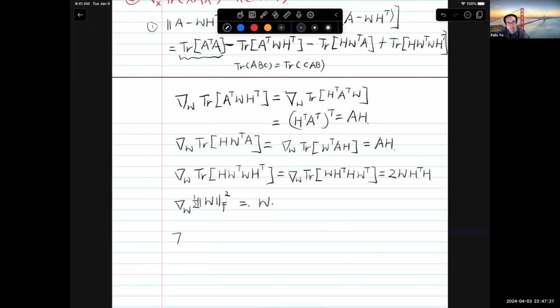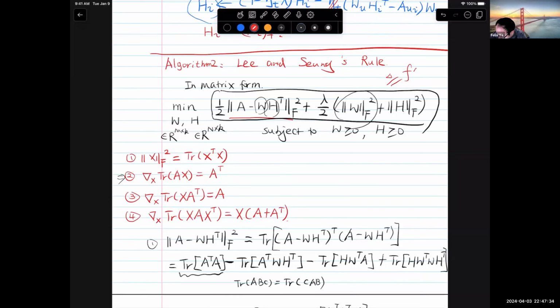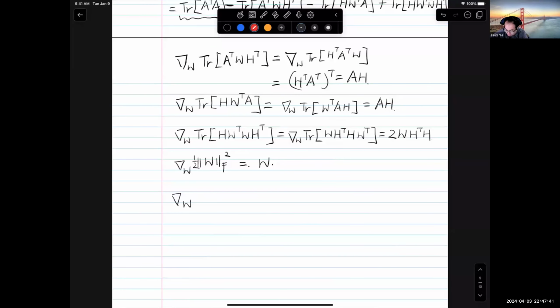The gradient of W, let's call this whole thing, I think I have a name before, I define it as F of W and H. So if this is F of W and H, this is equal to WH transpose minus A times H plus lambda W. And you can do very, very similar things to take the derivative with respect to H.